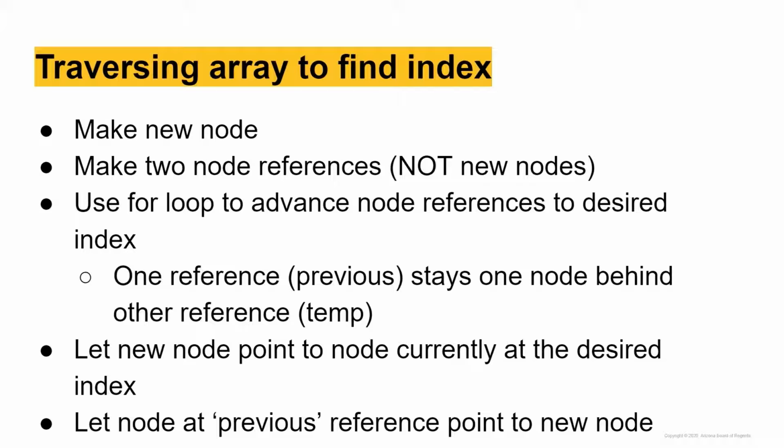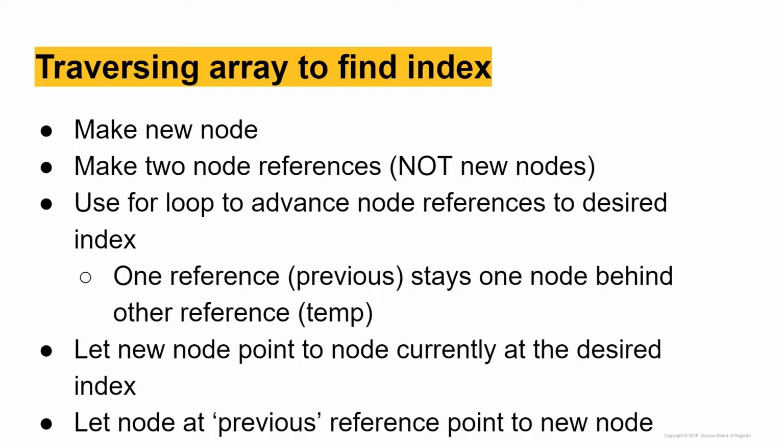So we're going to use a loop to do this. And one reference, the one called previous, is always going to stay one node behind the other reference, which makes sense. So we can keep track of what the previous node is. We're going to let the new node point to the node currently at the desired index.